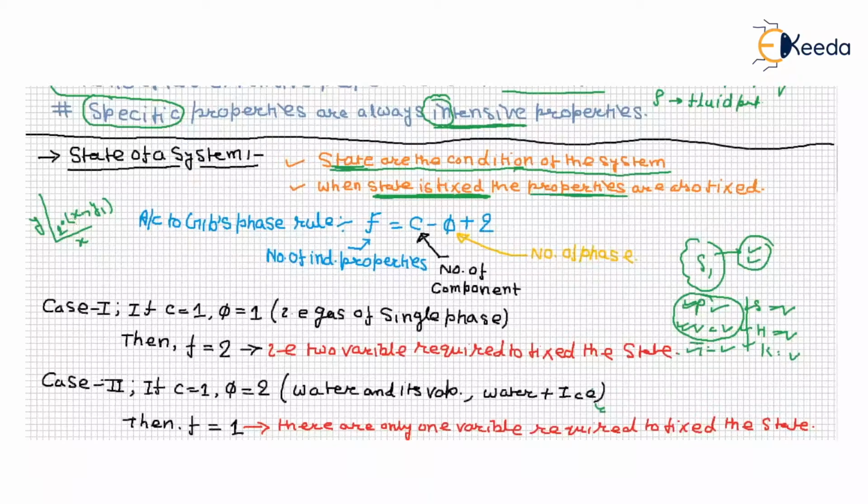If you calculate the minimum number of properties required to fix the state of the system, this is given by the Gibbs phase rule. What is that? F equal to C minus P plus 2, where F is the number of independent properties. You may say the minimum number of properties.